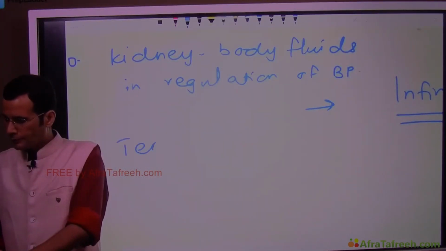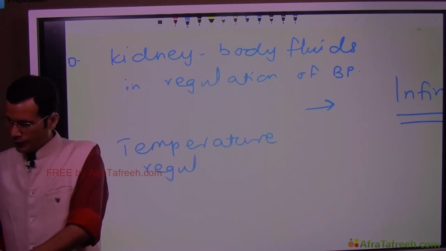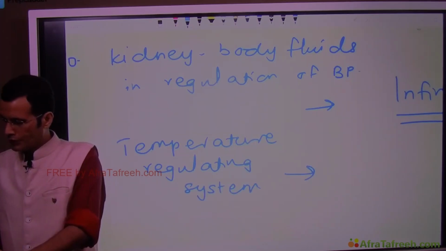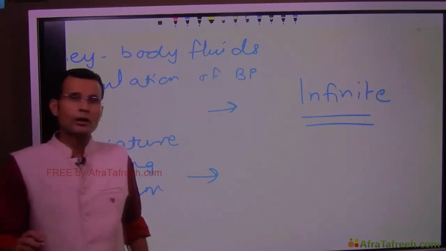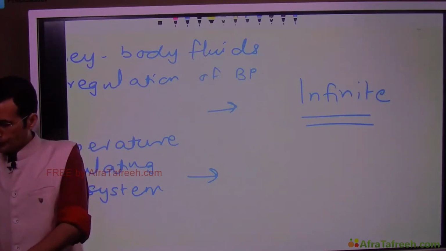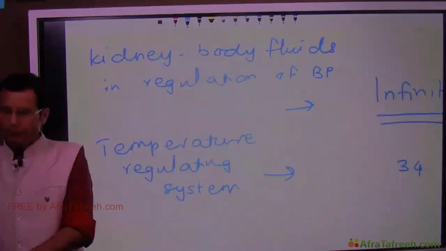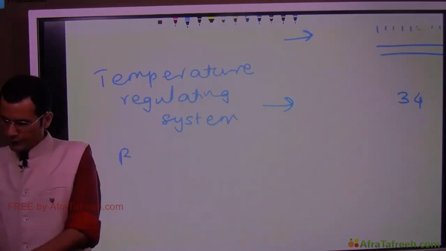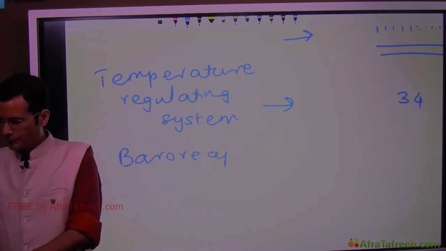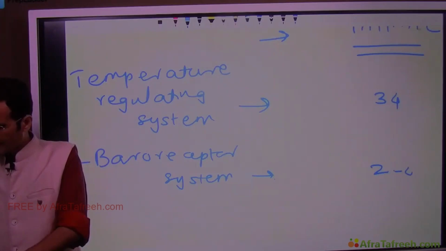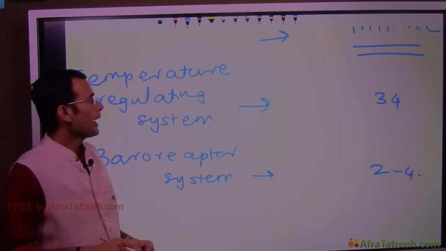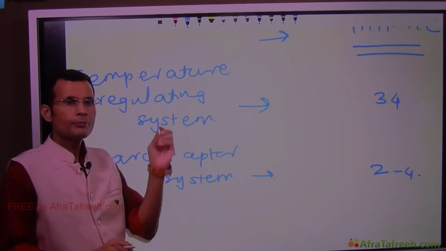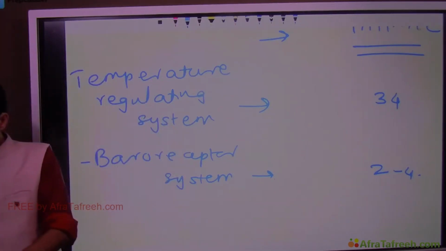Apart from that, some systems with a higher gain: temperature regulating system, one of the most efficient systems in the body. Temperature regulating system has got a gain of 34, very efficient system, whereas baroreceptor system has got a gain of 2 to 4, and temperature regulating system has got a gain of 34 to 36.